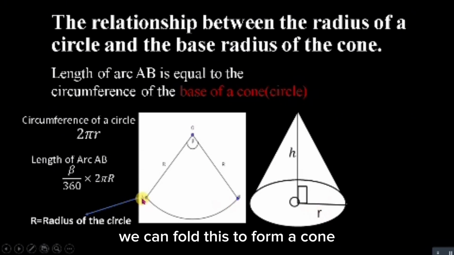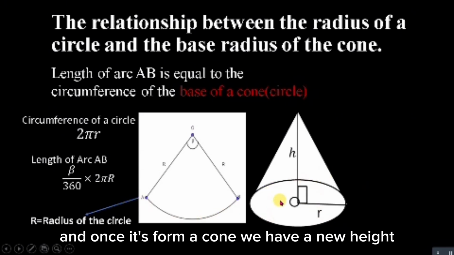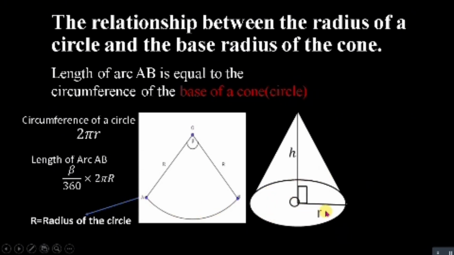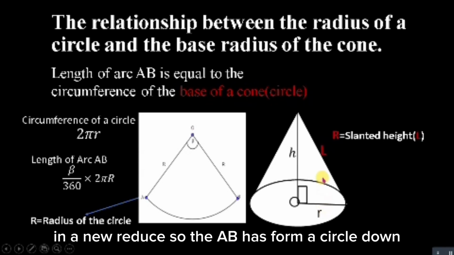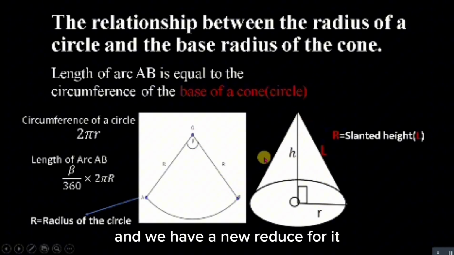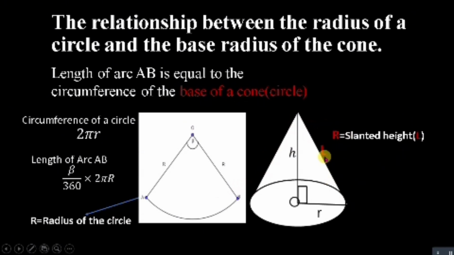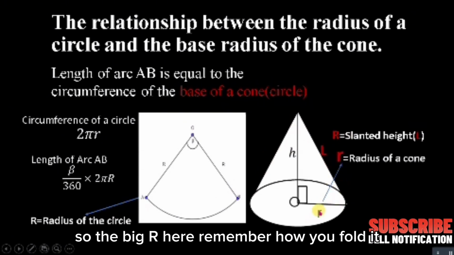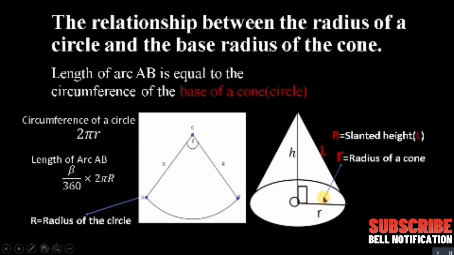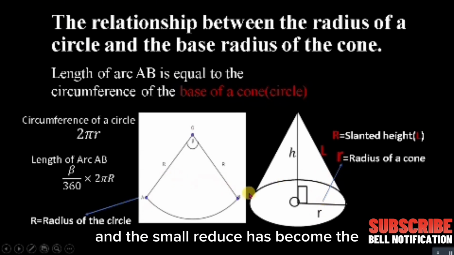The arc AB has formed a circle down, and we have a new radius for it. So the big R, remember when you fold it, has become the slanted height, which is the L, and the small radius has become the base radius of the cone. So these are the two different radii that we have after you have formed the cone.